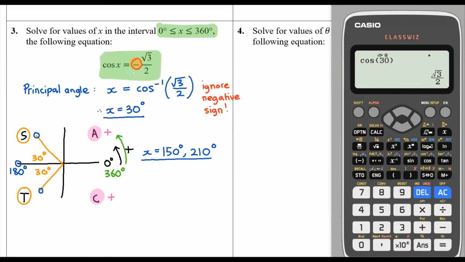Another way you might have been wrong is if you'd put the 30 degrees in the other positive quadrant, the C quadrant. So if I did that, I would be doing the cosine of 30 less than 360, which is 330. And if I do that, again, I get positive root 3 over 2, which is not the answer I require. Okay. So just a little bit of revision on cast and solving trig equations in degrees.